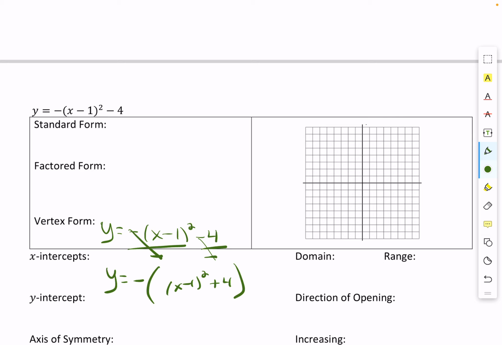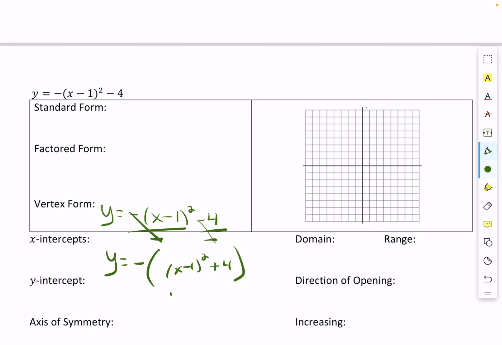Okay, so now we'll do our normal multiplying out. If I do my normal multiplying out, what goes in the extra box? I'm trying to get to standard form. So what do I put in my extra box? 4, good. And where do the x minus 1s go? Inside the box or outside the box? Outside.